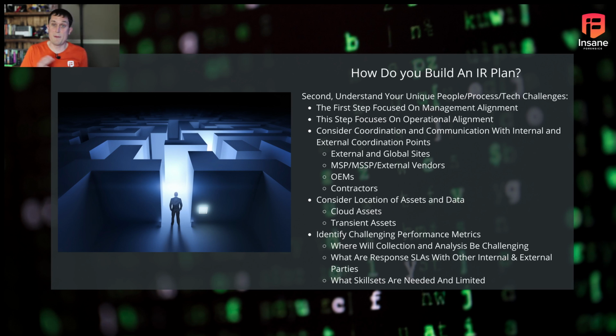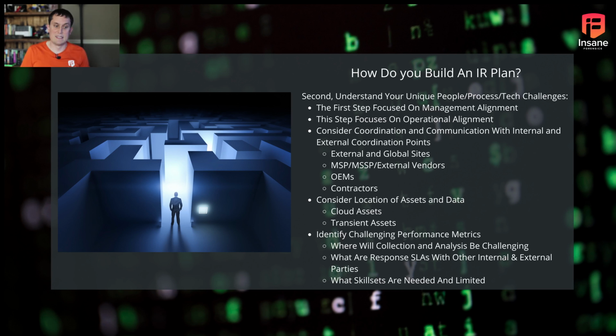And they might actually be responsible for part of the incident response process. Contractors also, right? So understanding both, I understand what the overarching policy is, but now it's like, okay, based on how we operate, based on how our business actually runs, I need to shape our plan to the realities of our operations.